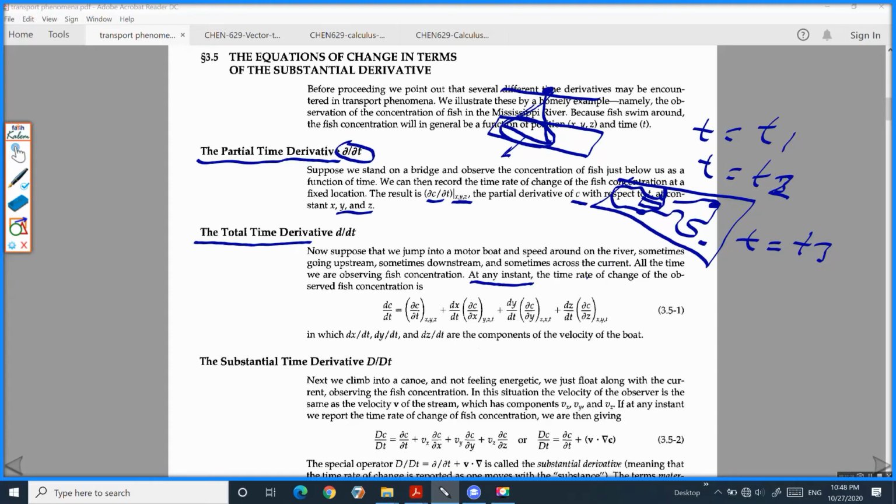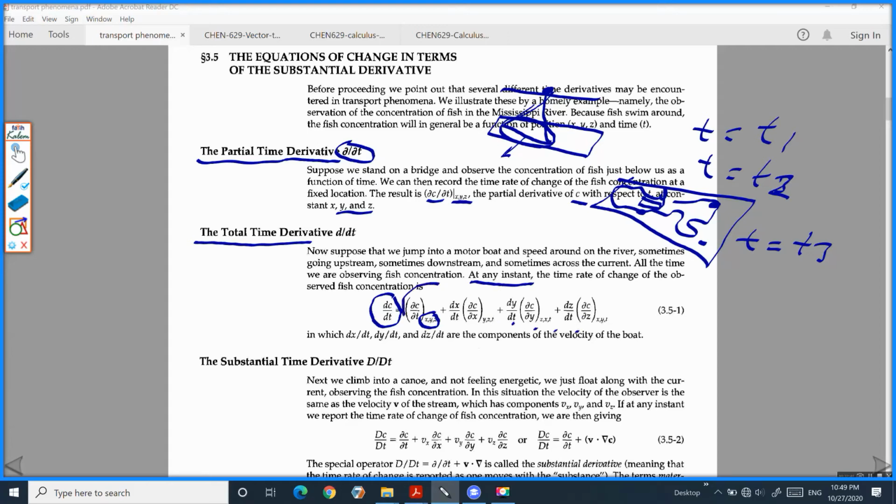At any time, the concentration change of your fish with respect to time is given by this formula: the partial derivative of the concentration with respect to t at constant x, y, z, plus dx over dt multiplied by the partial derivative of c with respect to x at fixed y, z, t, and so on.